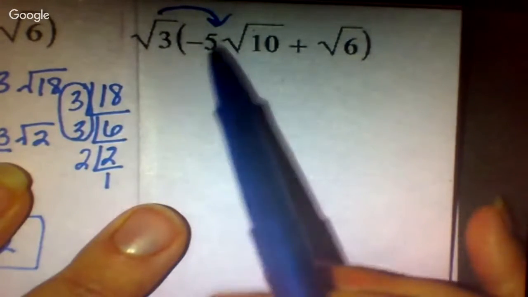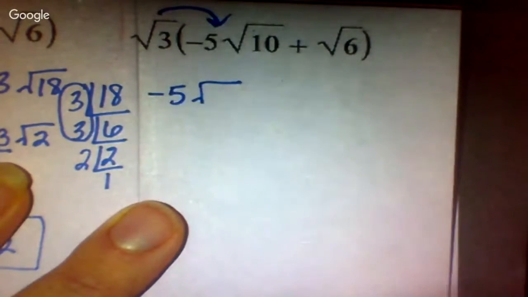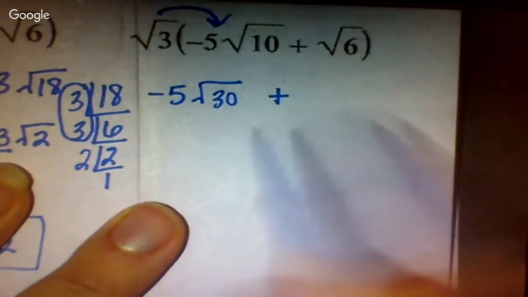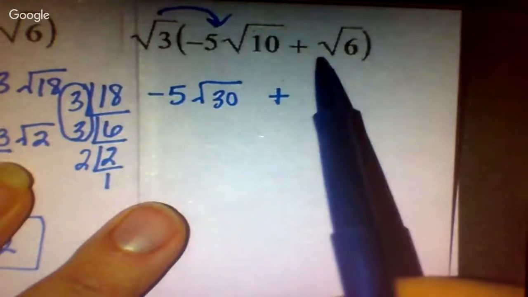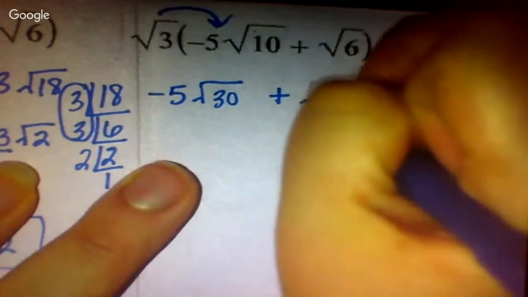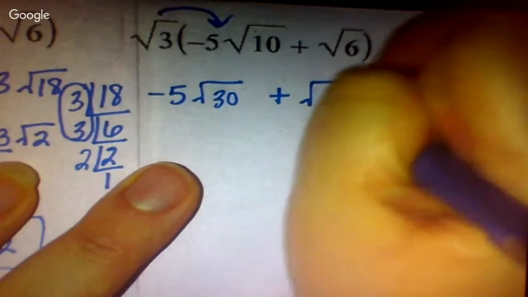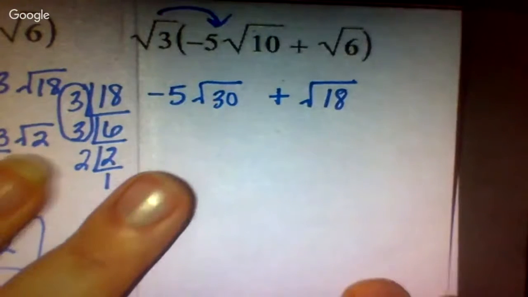So what's 1 times -5? -5 square roots of 10 times 3, which is 30. Plus coefficient times coefficient, 1. Not going to write it. Keep your square root. 3 times 6 is 18. Don't forget the 3 that's over there.